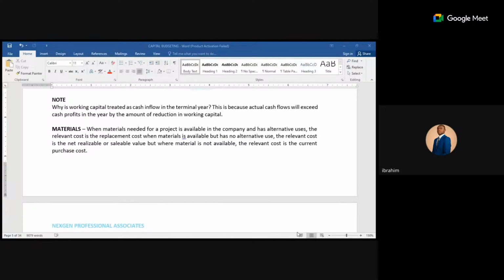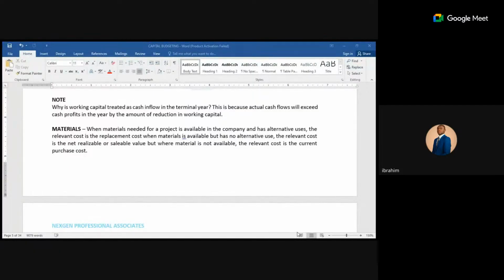The replacement cost may not be the exact material that is available and that still has the alternative use. So if it has alternative use and the material is available, the relevant cost will be the replacement cost.